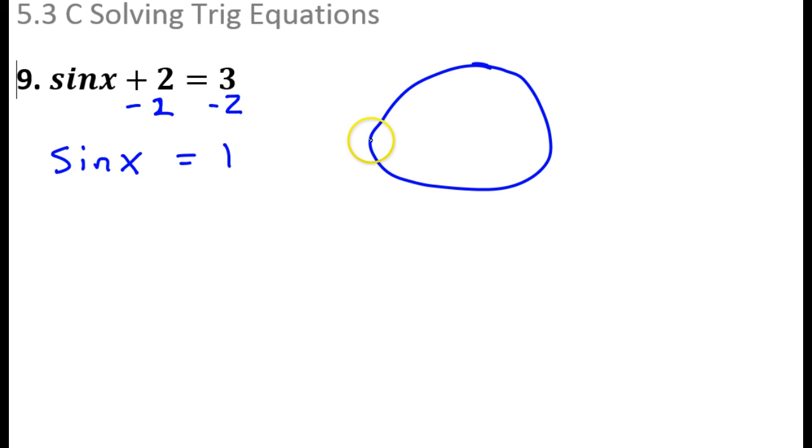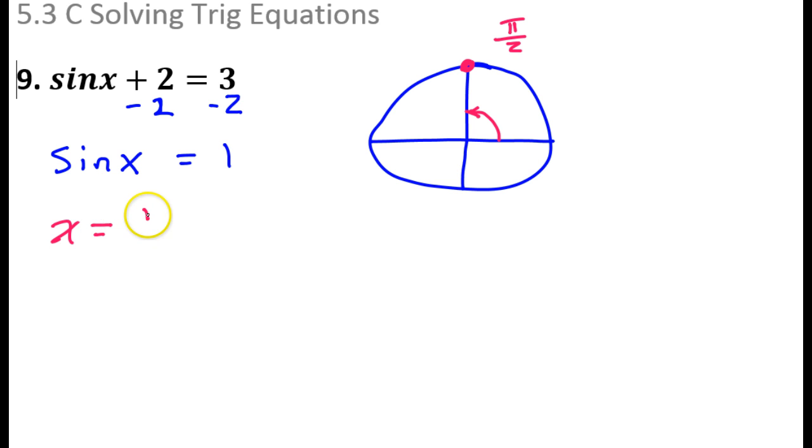Well, sine is a y value on the unit circle. So where is the y value going to equal 1? Well, it's going to equal 1 up here. This has a y value of 1 because it's up 1. And that is the angle that is pi over 2. So x must equal pi over 2.